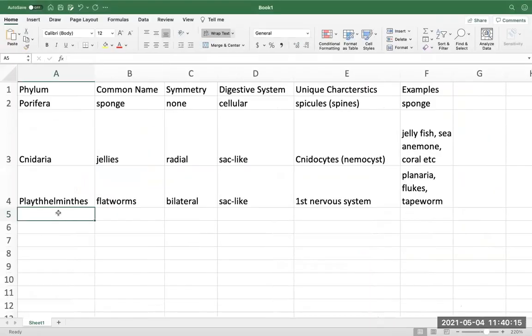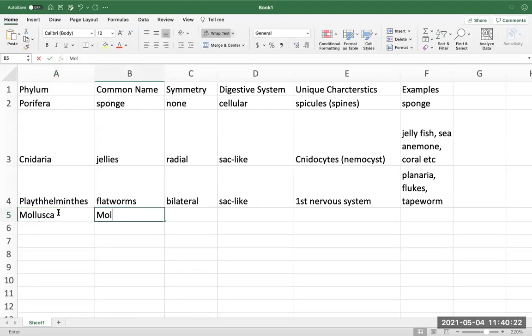So let's go ahead and fill this table out. So we have Mollusca. I'm just gonna say mollusks for this. Symmetry for everything from here on is bilateral.